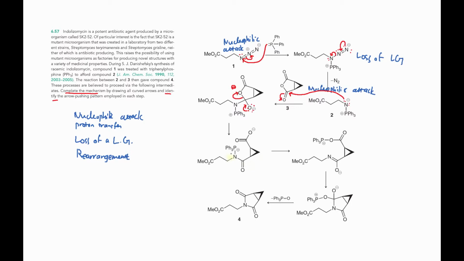So coming back to this structure, let's see. I have to compare this with this with that. Looking at that, I have a double bond between the nitrogen and the carbon. I see PH3 on that oxygen.